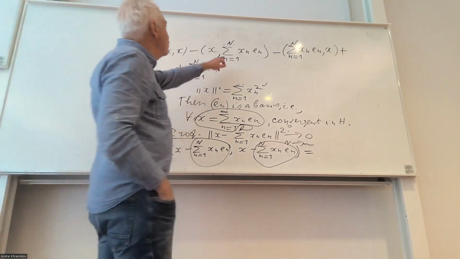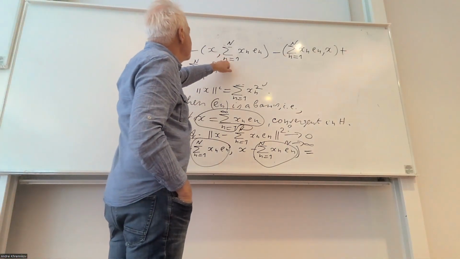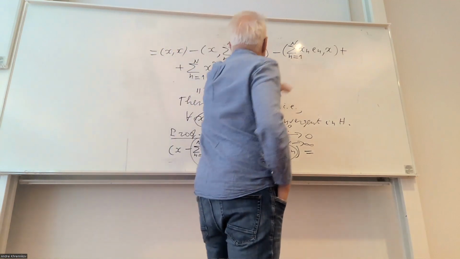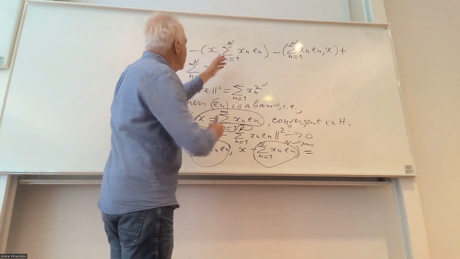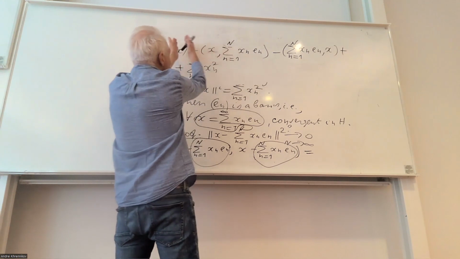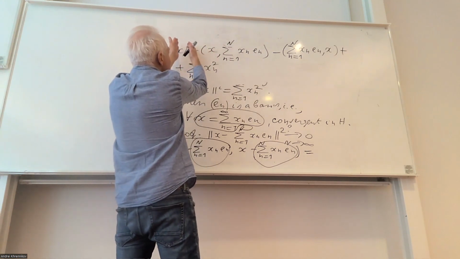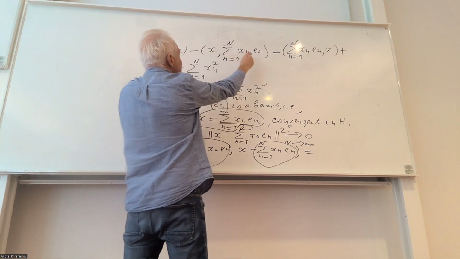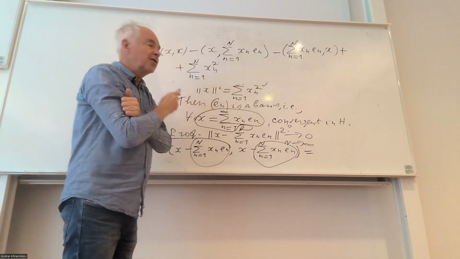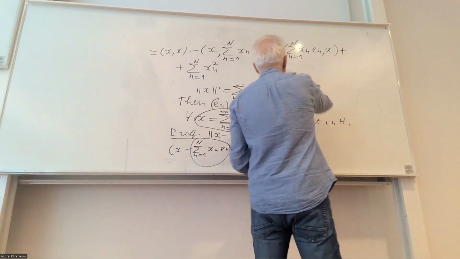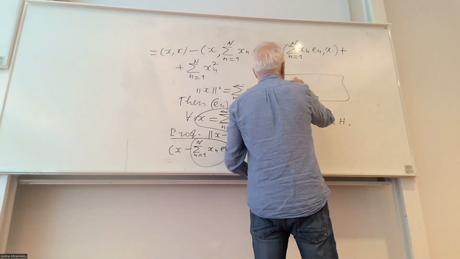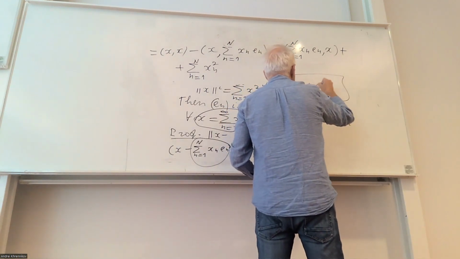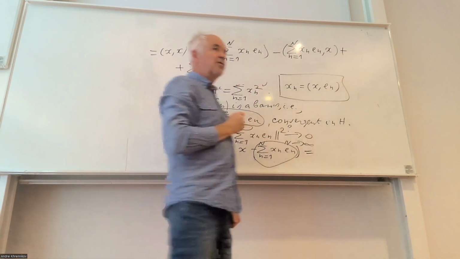Now we would like to work with these guys. Now I put this out, but then I multiply x by en. But what was our formula for Fourier coefficients? We precisely had that this is the scalar product x, en.